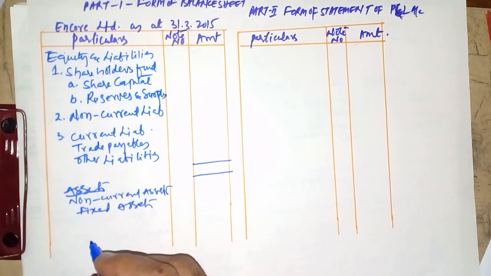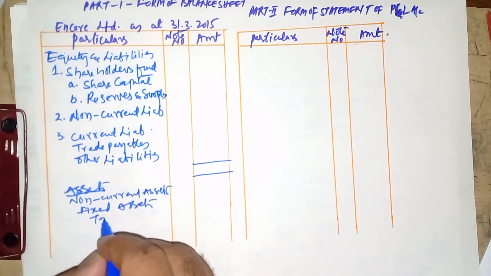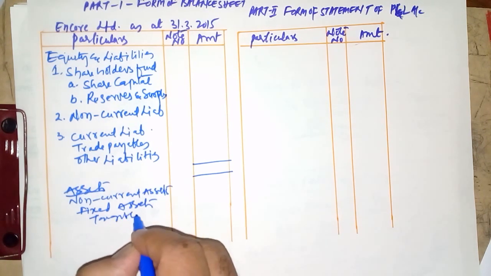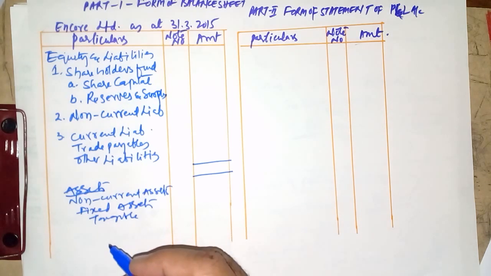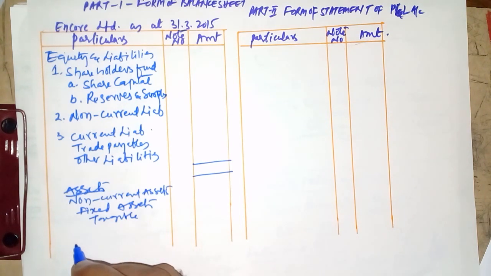Under that, we have tangible assets. Then we have intangible assets, right? Then investments. As per the question, we don't have any intangible assets and investments, hence we'll directly go to the current assets.